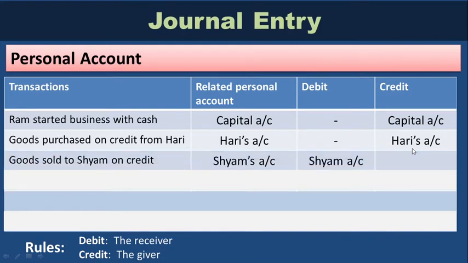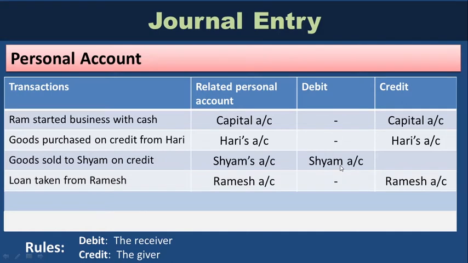The next, goods sold to Sam on credit. The related personal account is Sam here, and we are selling goods to Sam. Sam is receiving something, so according to the rule, debit the receiver, we are debiting Sam's account. Loan taken from Ramesh. We are taking some loan from Ramesh.